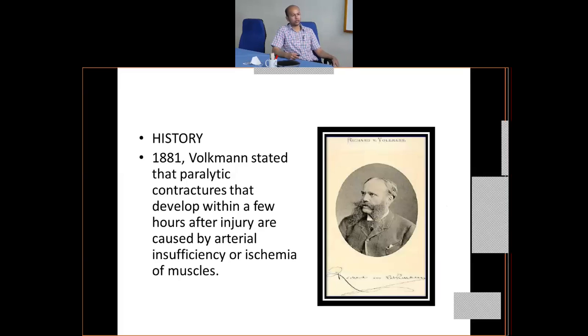Any inflammation will lead to exudation, edema, and it will further increase the compartment syndrome. So it is not only arterial insufficiency which leads to contracture: arterial insufficiency, then tissue necrosis, then an inflammatory response. Altogether, it exaggerates the compartment pressure, eventually leading to compartment syndrome and, left untreated, Volkmann's ischemic contracture.